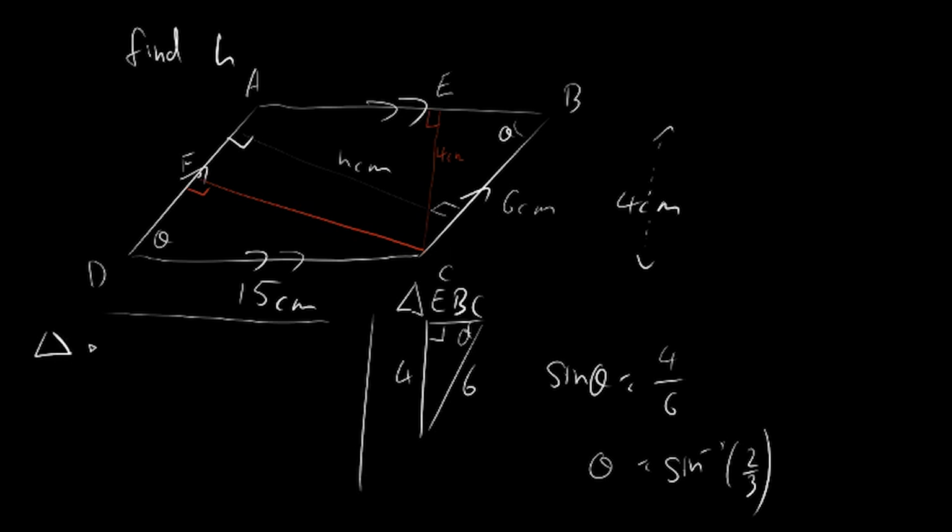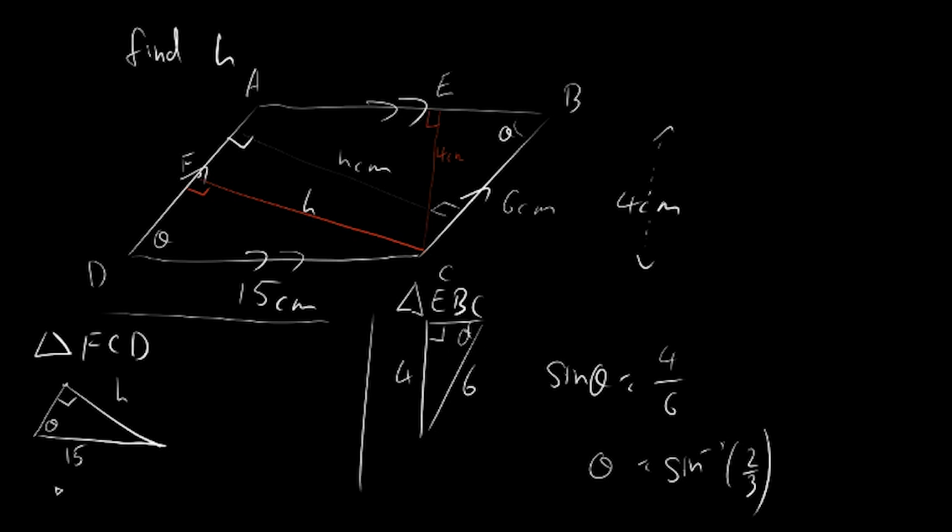Now in triangle FCD, we just need to figure out this value here, H. So let's draw it out again. It's 90 degrees. We know this. We know this. We don't know this.